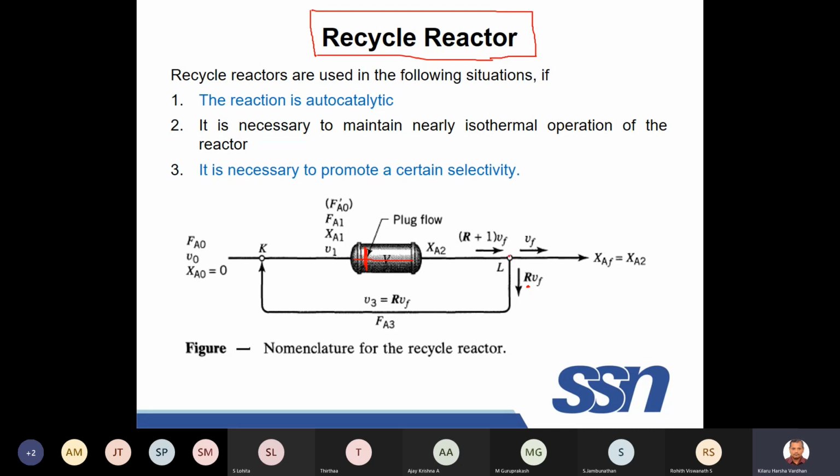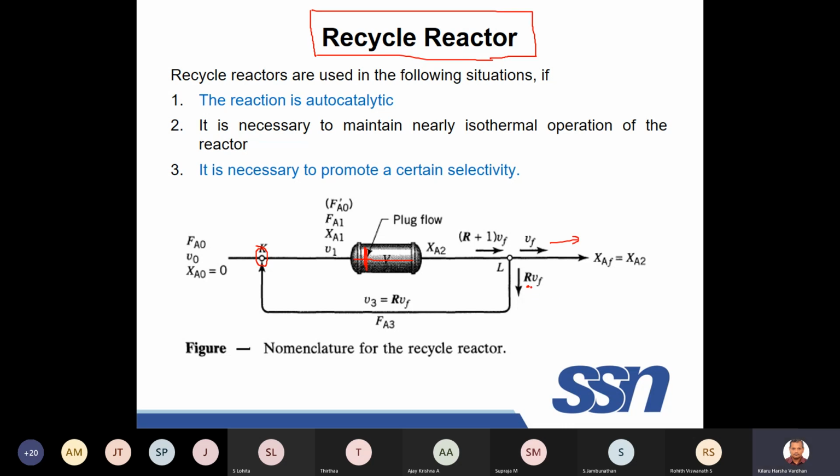So here the stream branches into two. More of it will go as the product. Some fraction of it, R, which ranges from 0 to infinity, goes as a recycle and joins at the inlet and then goes in.